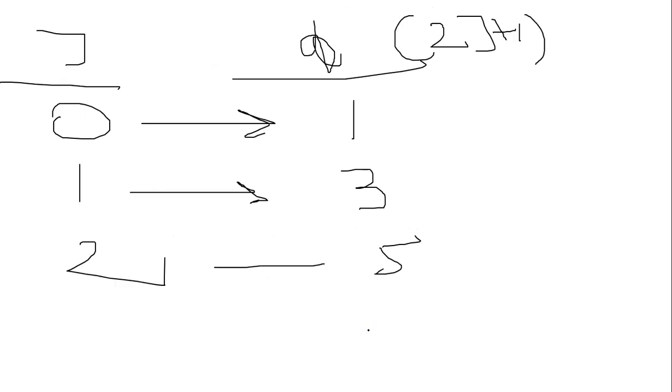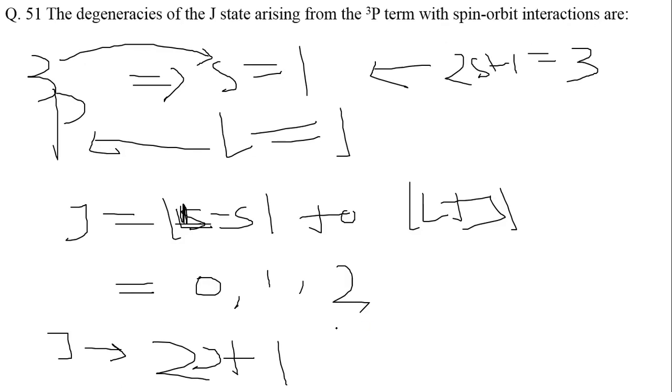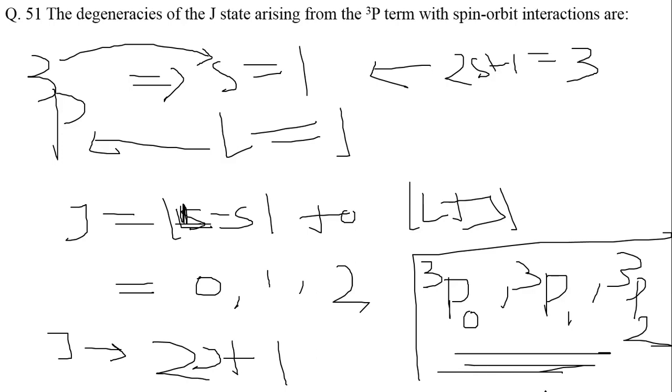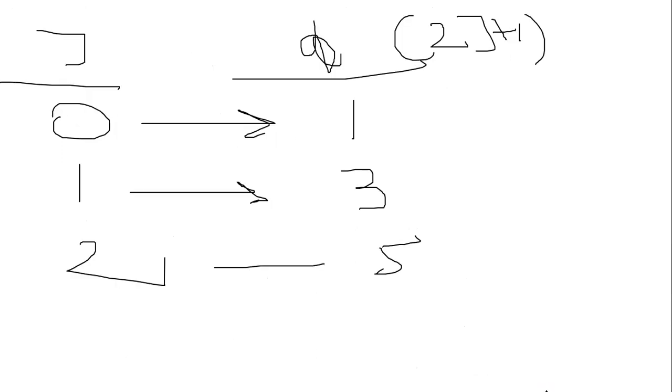So the terms will be for s equals 1, l equals 1, and j equals 0, 1, 2. So it will be 3P0, 3P1 and 3P2. So these are the terms, and the degeneracy will be 1, 3, and 5.